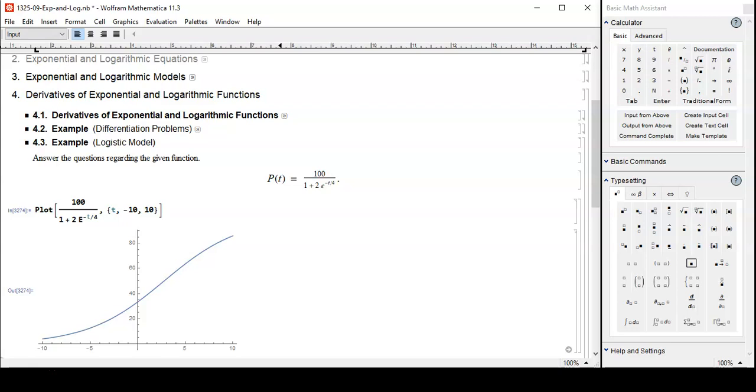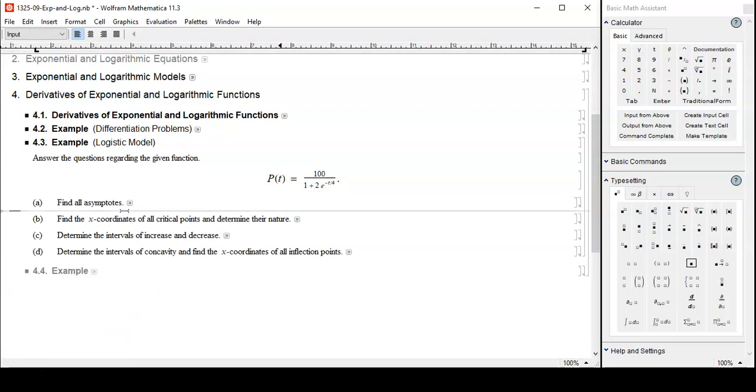From negative 10 to 10, I cannot really see a lot, so let's go to negative 20 to positive 20. Okay, asymptotes are forming here and there. Negative 30 to positive 30. Clearly we have an asymptote here, y equal to 0, and I expect y equal to 100. And indeed, 100 is right up there, the equilibrium.